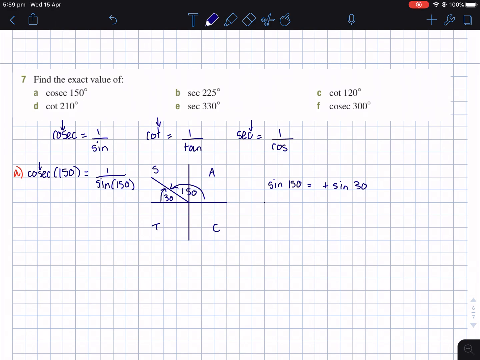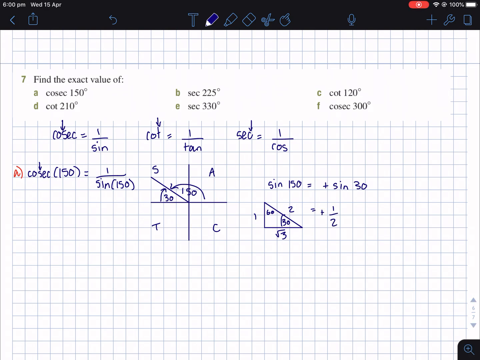And if we remember from our triangle, this is 30, 1, 2, root 3, 60. That means that we know that sine 30 is 1 over 2.